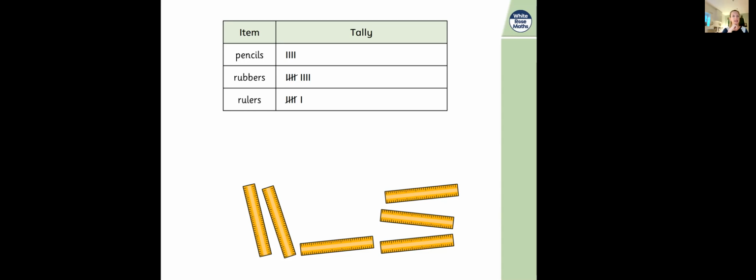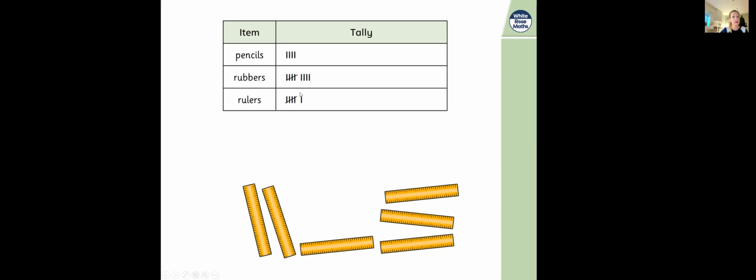They recorded how many pencils were in their class. They recorded how many rubbers were in their class. And they recorded how many rulers were in their class. And it was your job for question 3, wasn't it, to draw that amount in the box underneath. The rulers had been done for you. So let's check to see if they got it right.